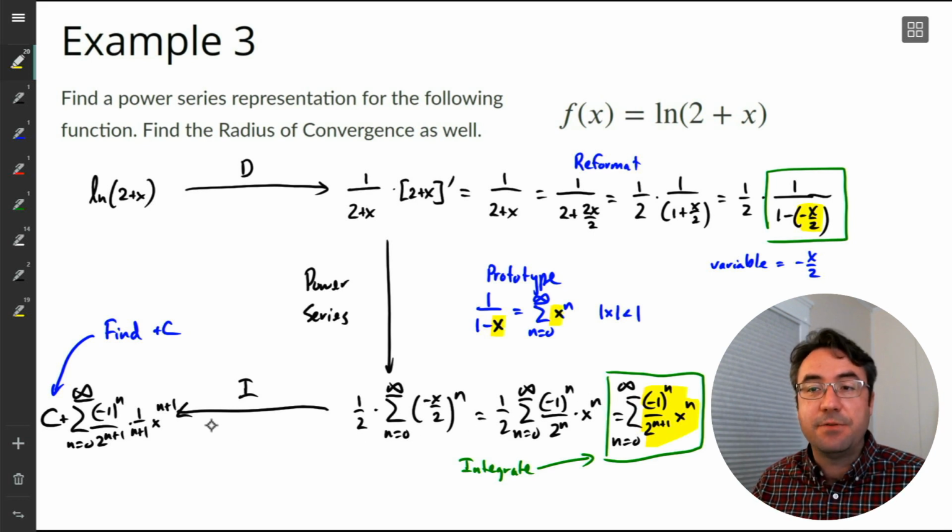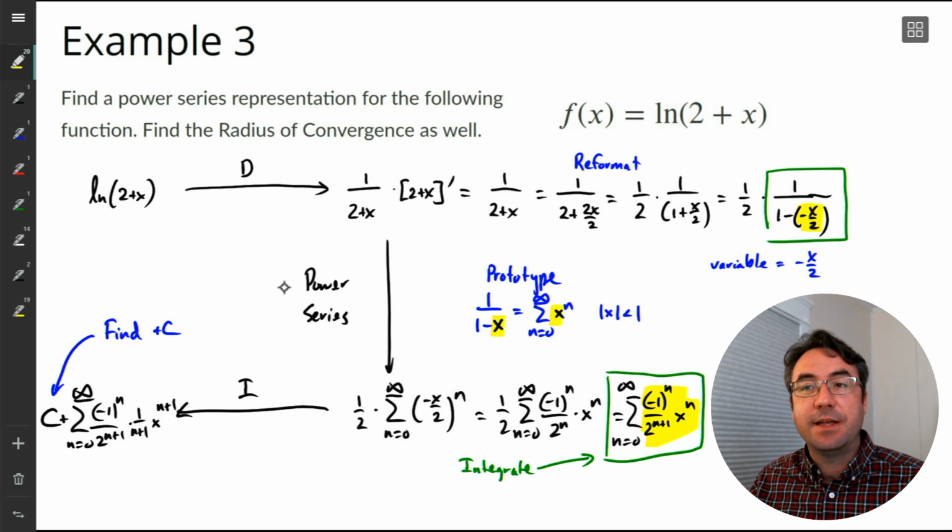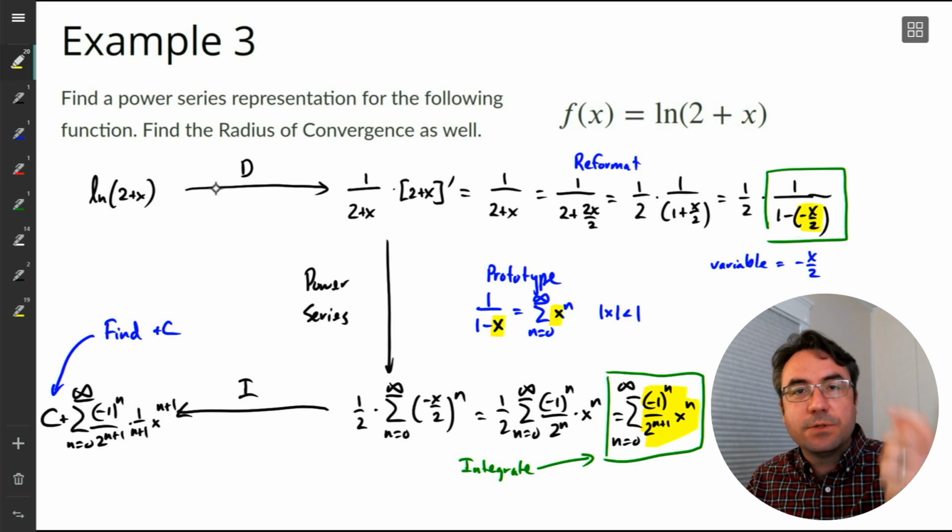We had to kind of integrate back. So we did the derivative, found the power series, and then to undo that derivative, we integrate. Now the issue with derivatives is you lose a little bit of information. Every time you differentiate, you lose a little bit of information. So integration doesn't perfectly recover the original function, and that's what this plus c is.